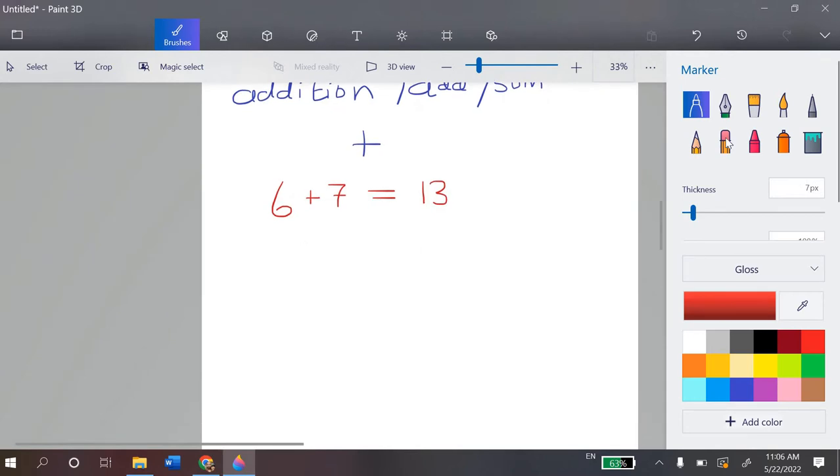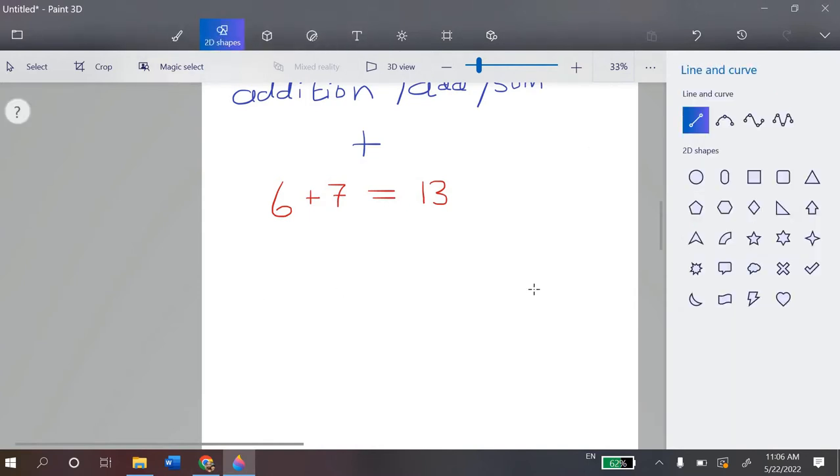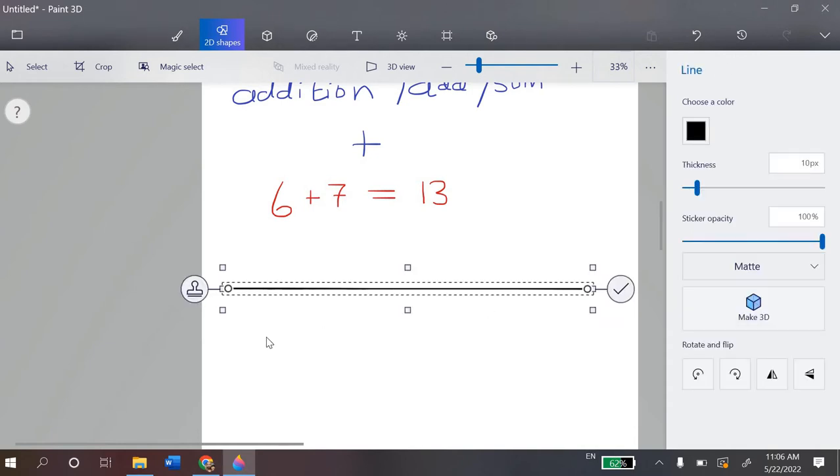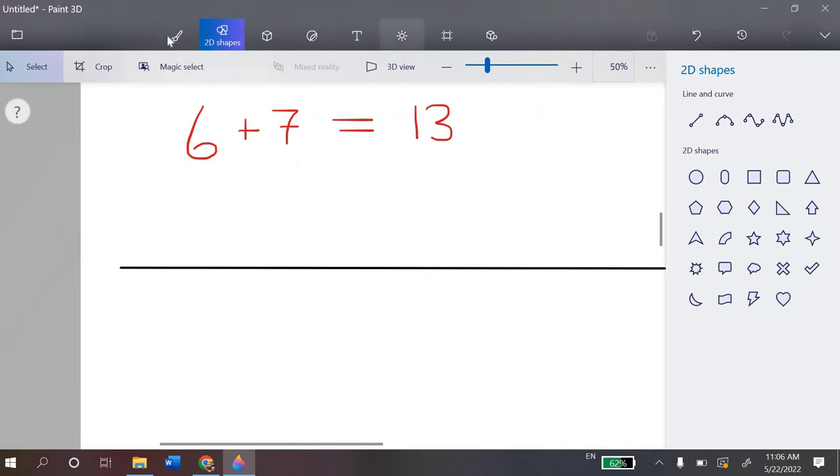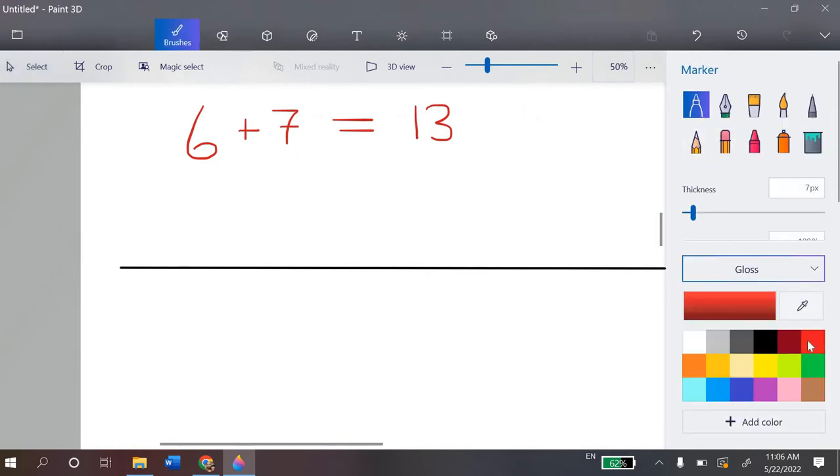Now when we do these, we want to try and use a number line. So if we have a number line here, and let's pop a few numbers on there. We don't have to start from 0.